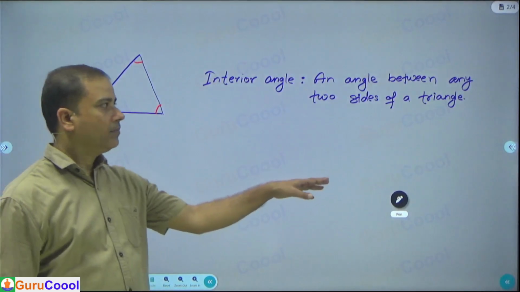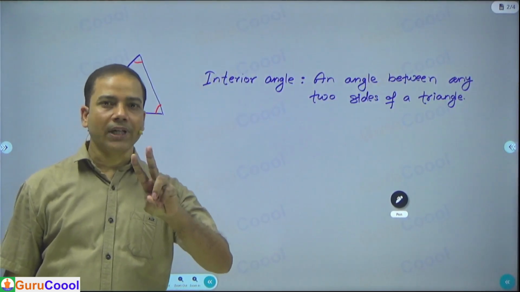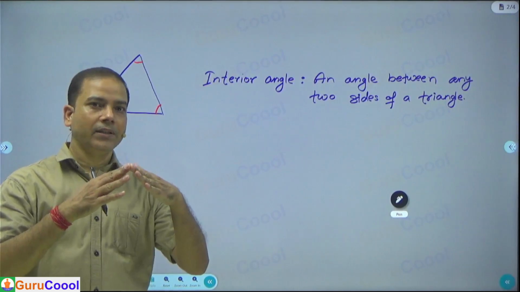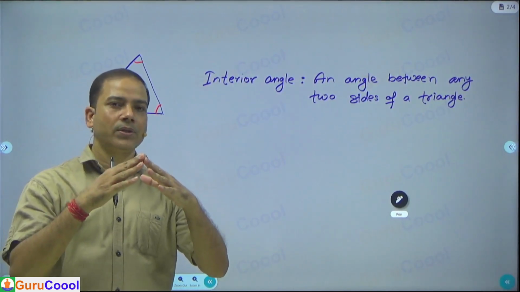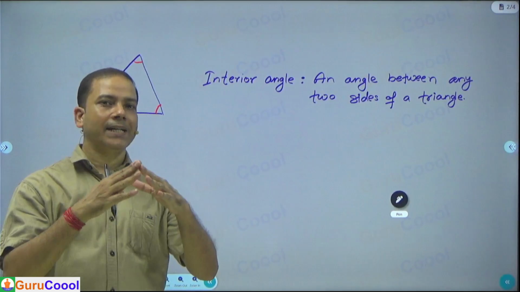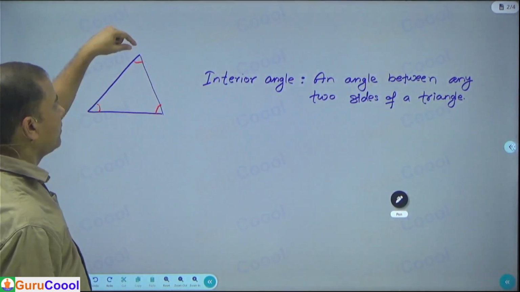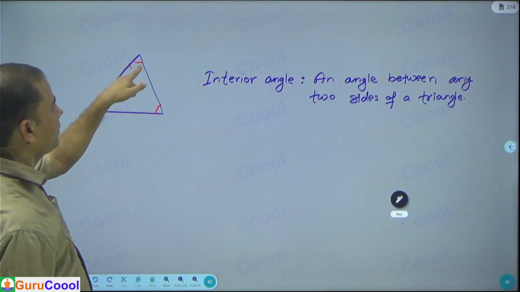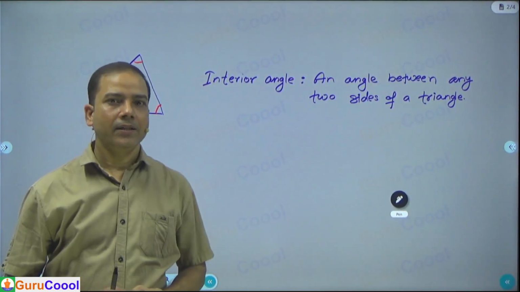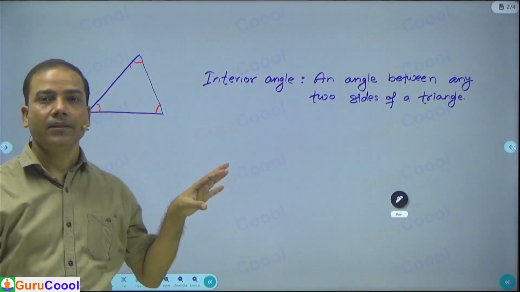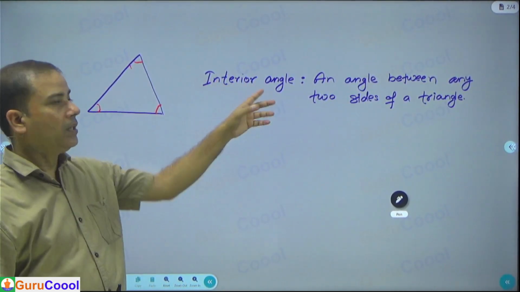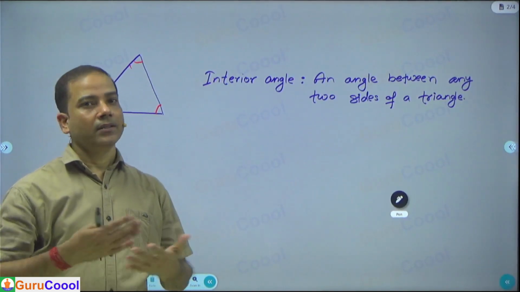In any triangle, you have to choose any two sides and see where they are meeting. The space between those two sides is the angle, like this side and this side. They are meeting at this point, so the space between them is called interior angle. This is inside the triangle. Every interior angle remains inside the triangle.